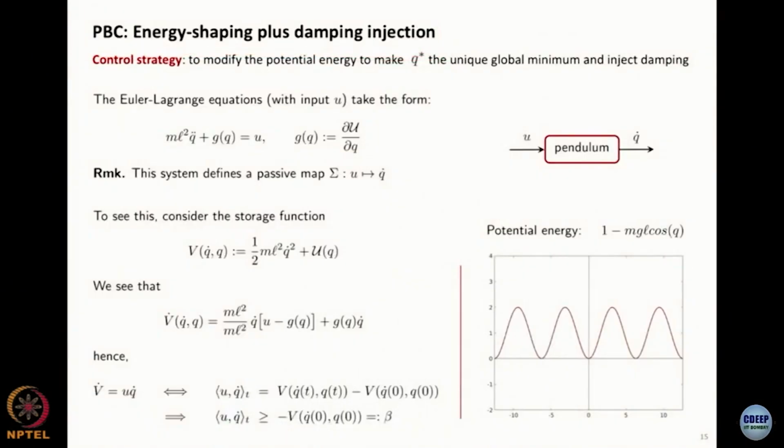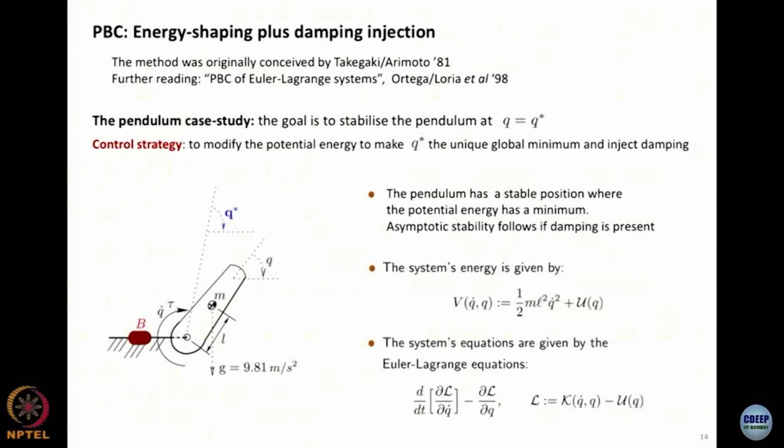Okay, I'll try to do this last part of the lecture on a specific kind of passivity-based control that is called energy shaping plus damping injection. You have probably heard of this. This method was originally proposed by a paper in '81, really long ago.